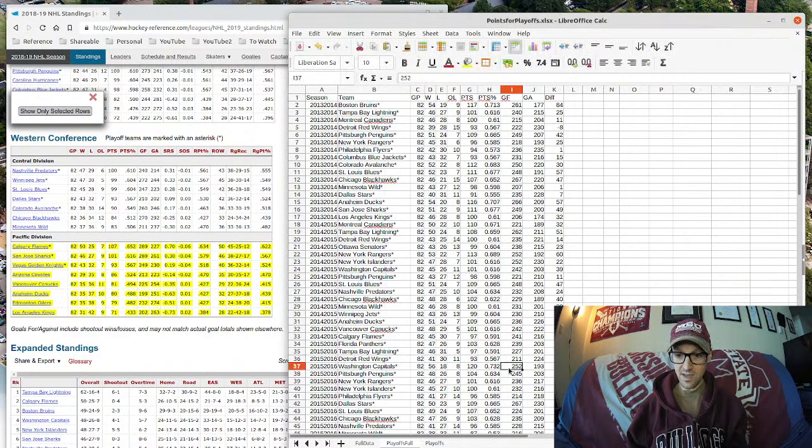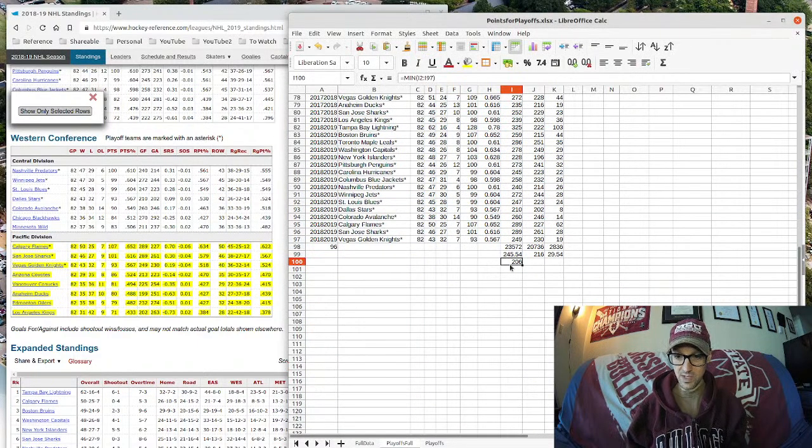So keep in mind that in all likelihood that wouldn't be sufficient for all seasons. It might have only been certain seasons. So we want minimum goals for, average, min, max.